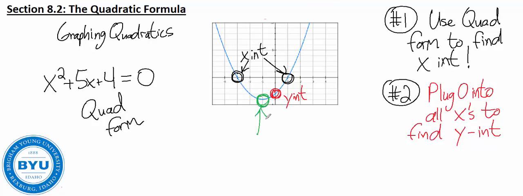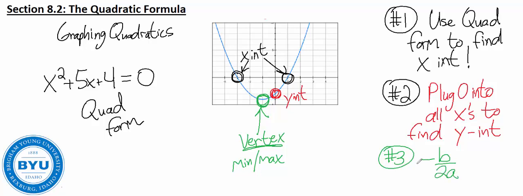So that's step 2. The last thing that we care about is this value right here in green. It's called the vertex, and it's either going to be a minimum or a maximum. It'll be a maximum if it's pointed upside down. See, here's the vertex, and it's a maximum point. We do care about finding the vertex. And to find the vertex, there is a kind of a pattern here. You have to find negative b over 2a.